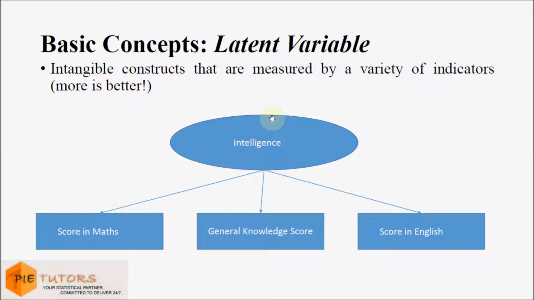Latent variables. These are intangible constructs that are measured by a set of indicators or observed variables. So with reference to the earlier example related to the students' intelligence study, we see that intelligence is a latent variable. When we specify our structural equation models, we specify our latent variables using elliptical boxes.